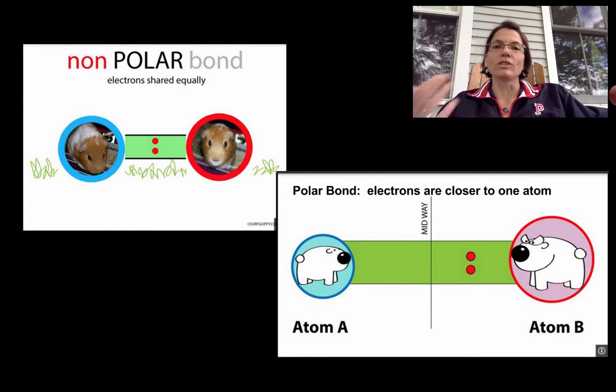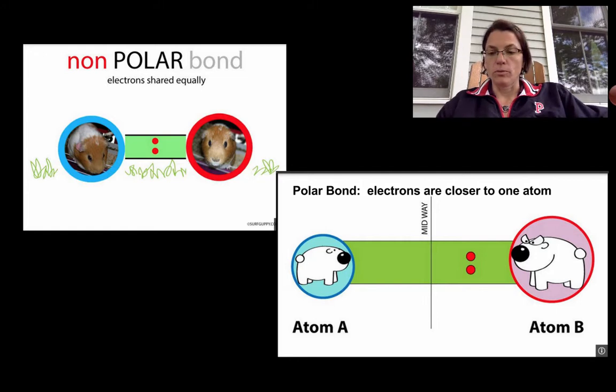Atom B becomes partially negative and atom A becomes partially positive. Again, it has to do with the fact that this tug of war between the two participants in the bond is not always even. And so that's what we call a polar bond.